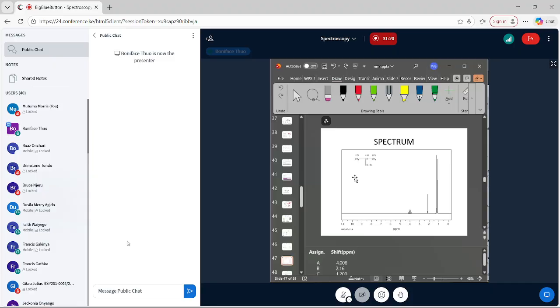And we can see that the methyl protons give a single peak, but because of the methane proton, that peak has been split into two.